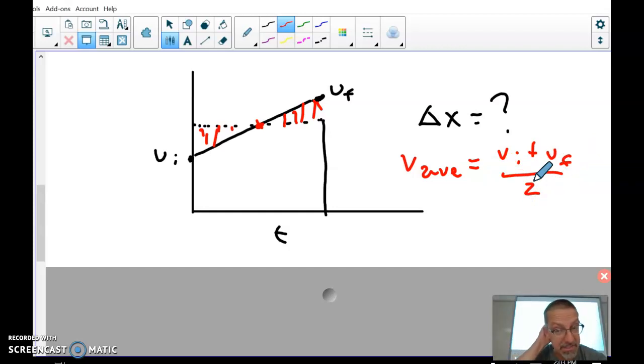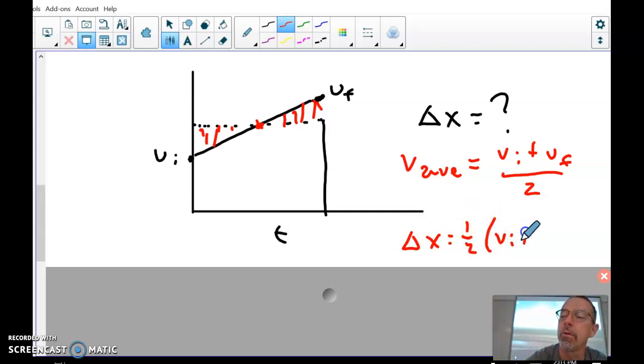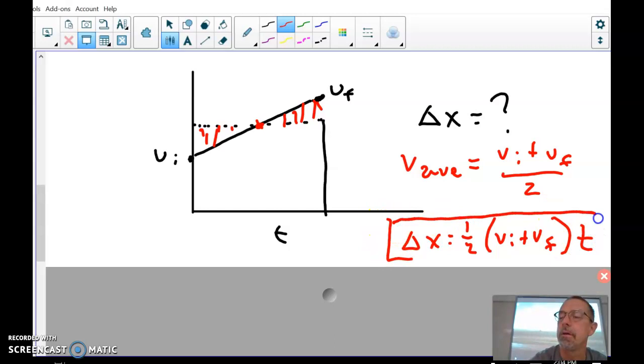So if that's the case, I can then go back to my toolbox and I can say that my delta X here equals 1/2 VI plus VF times time. And that, my friends, is yet another toolbox equation for you to use. And you can see how that works graphically right here.